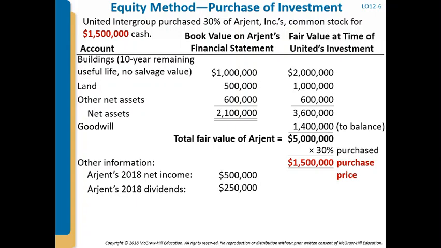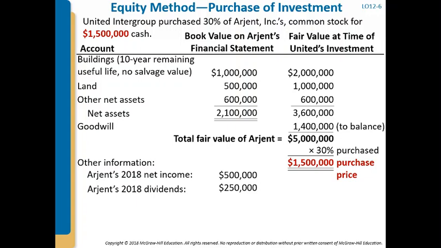There's also $1.4 million of goodwill. How do we know that? Well, we know that because it's presumed that United would not purchase 30% of Argent's common stock for $1.5 million unless, if you do the math, 100% of Argent's common stock is worth $5 million, right?